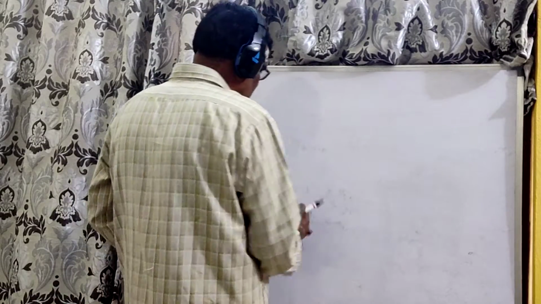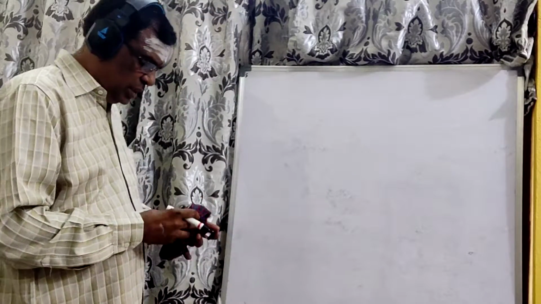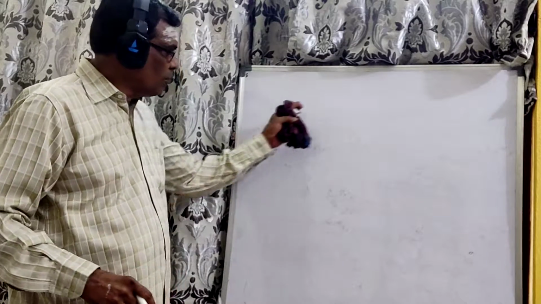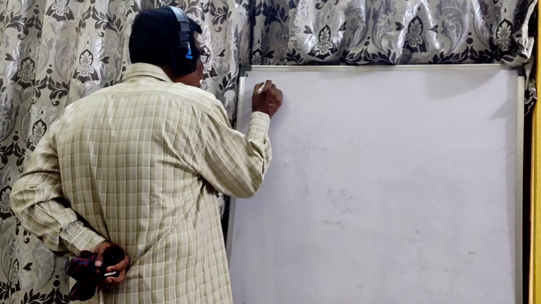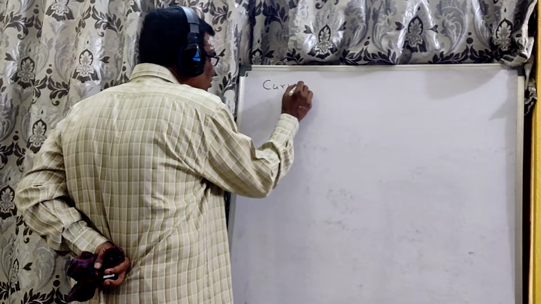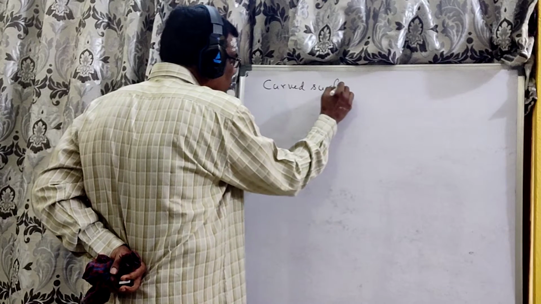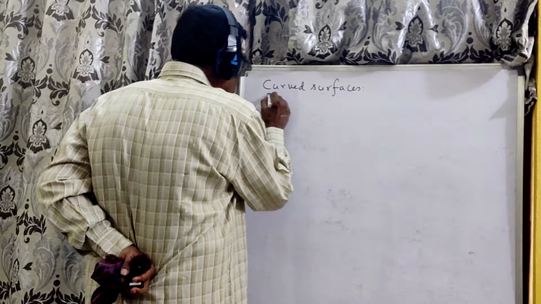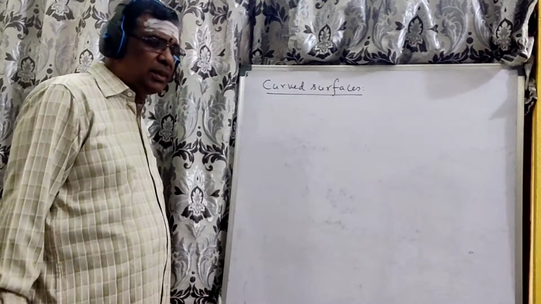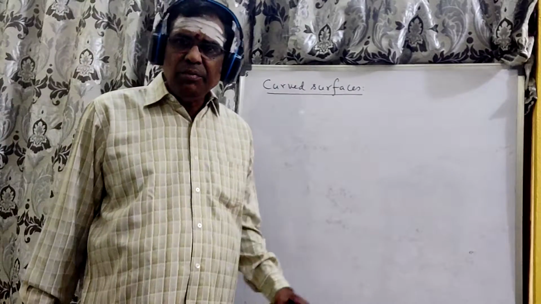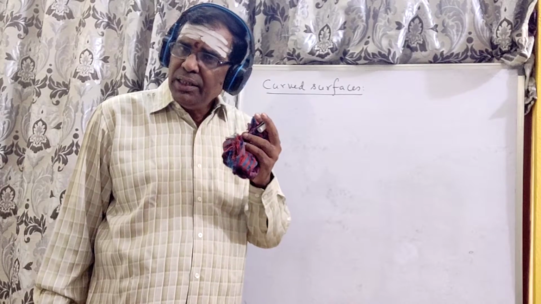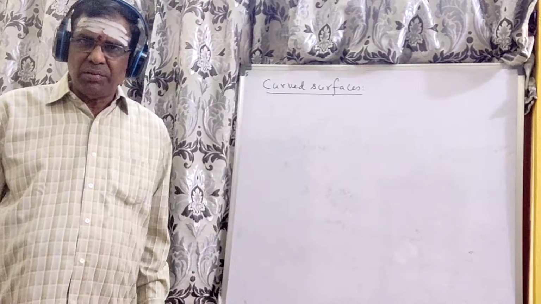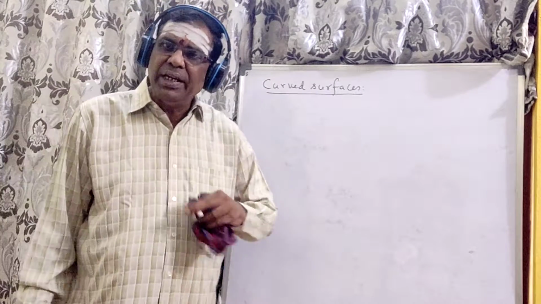Okay. Right. Now, we have seen these surfaces. Sometimes, if I take a curved surface, remember, I never discussed dynamics of circular motion. I discussed only kinematics of circular motion. What did we learn from there?